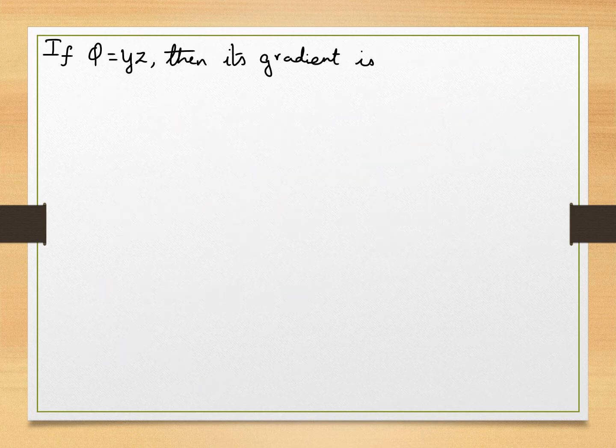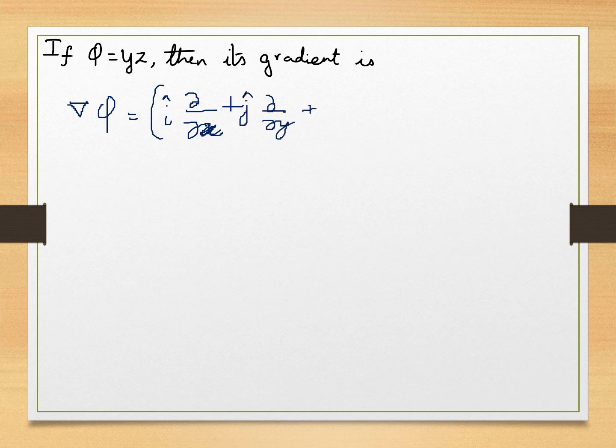Similarly, one more question: if the function phi is equal to yz, then what is its gradient? So its gradient is del phi. Again write the expression for del, that is i cap dou by dou x plus j cap dou by dou y plus k cap dou by dou z, and then the value of the function.